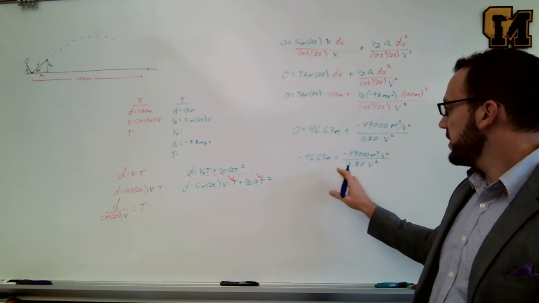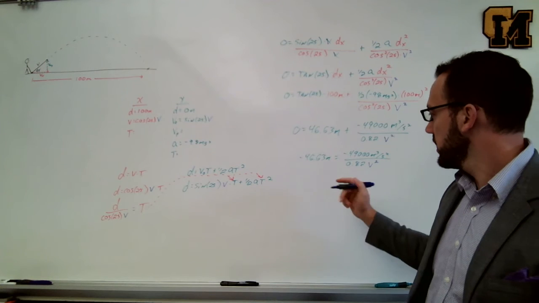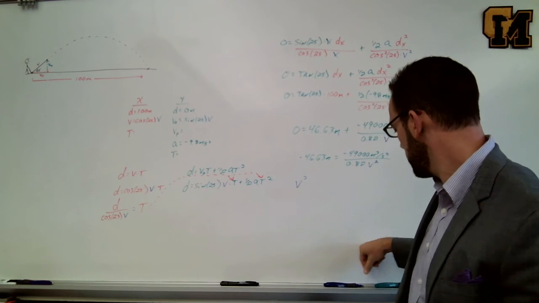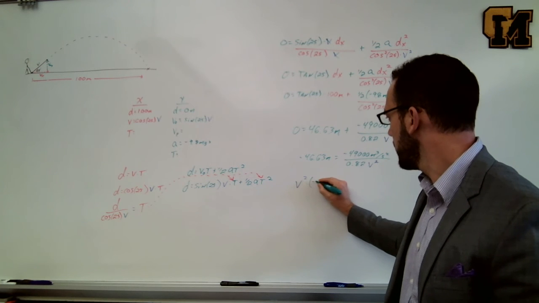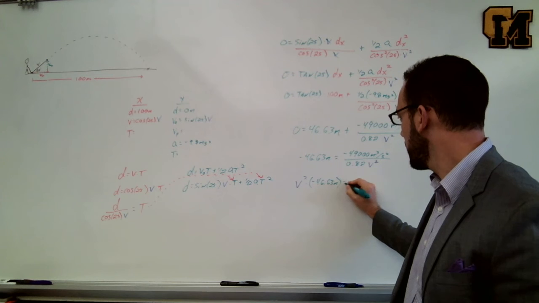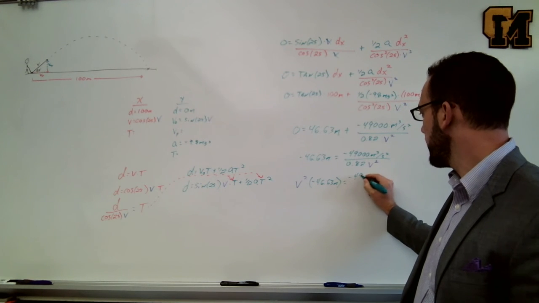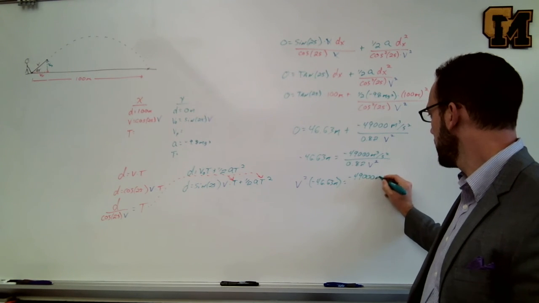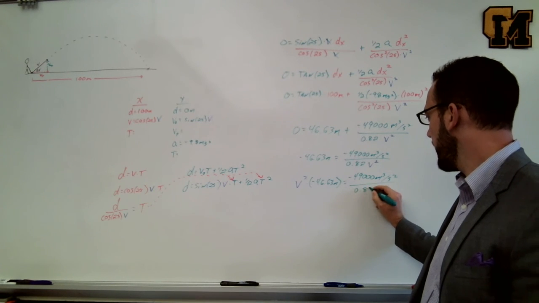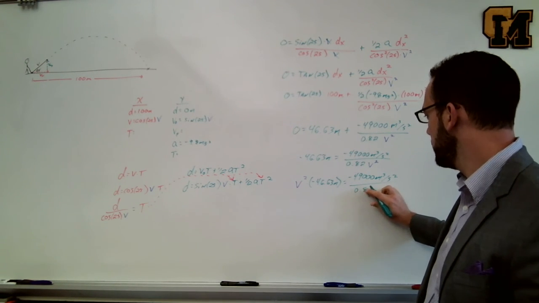I'm going to multiply v squared up over here to the left. So we get v squared times negative 46.63 meters. That's going to equal negative 49,000 meters cubed per second squared, all over 0.82.